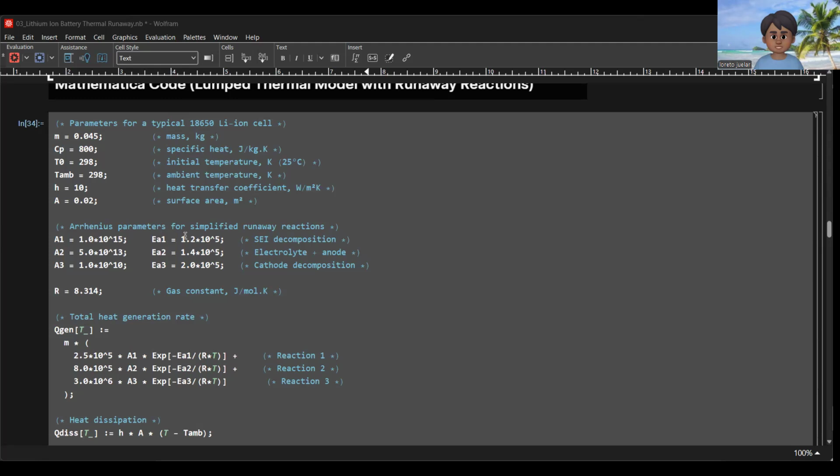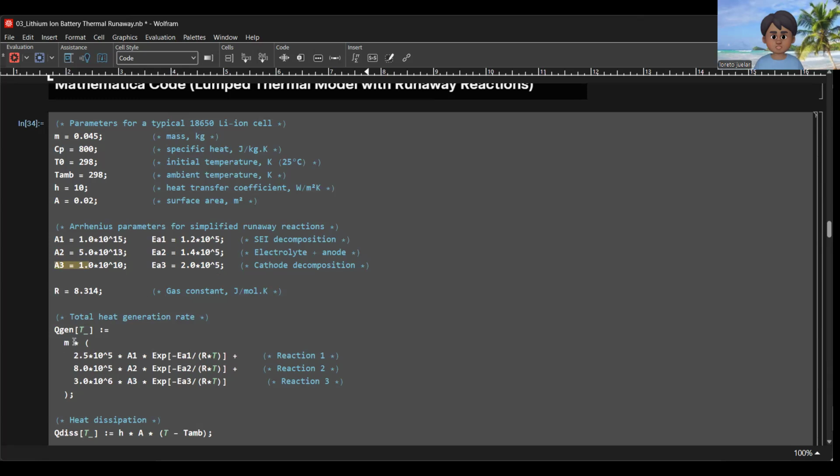So these are the given values for the solid electrolyte decomposition here. Then we have the electrolyte and the anode, so we have the interaction between the electrolyte and the anode. Then in the cathode, the decomposition here, we have E sub 3, 1.0 times 10 to the 10.